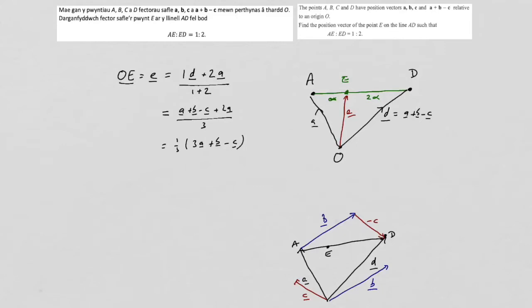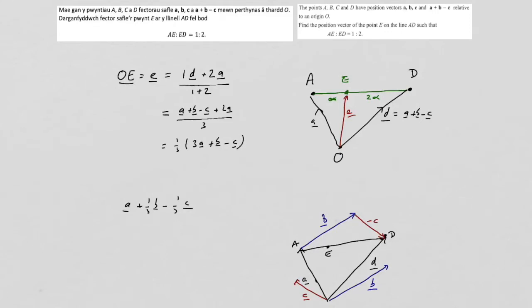So I've redrawn the diagram, and what we have is our original A, B and C in black here, and then blue for the B and red for the C. And what we can do with this answer is to write it slightly differently. If we get rid of the bracket, we have an A plus a third of B take away a third of C.